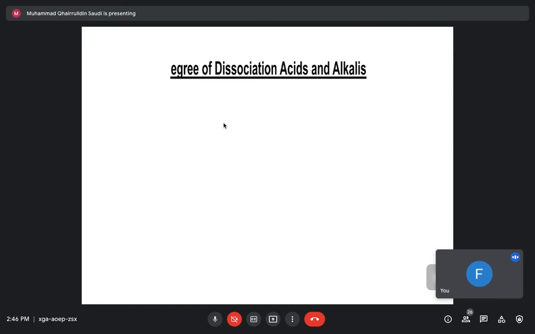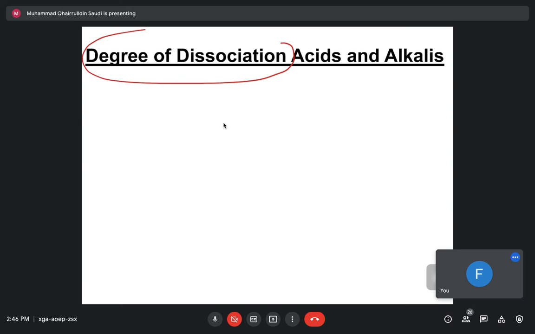Okay, next one is you have to know what is degree of ionization. So, untuk acid and alkali, kita tahu bahawa the definition for acid and alkali, they must ionize in water. So, bila dia ionize in water, we have to know the degree of dissociation ataupun degree of ionization.